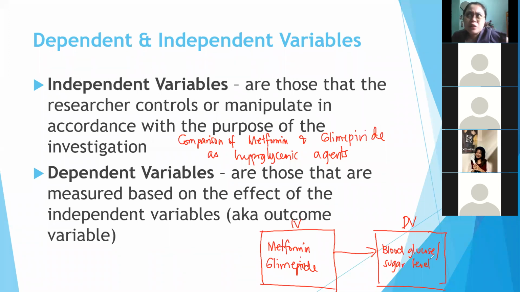Pag moingon pud ko dira, comparison of losartan and amlodipine as anti-hypertensive agent. So, syempre, atong IV na lang sa una, losartan and amlodipine. And ang DV nato, dependent variable, dili siya anti-hypertensive. Let us be specific unsa atong gina-measure. So, ang gina-measure nato is the blood pressure.